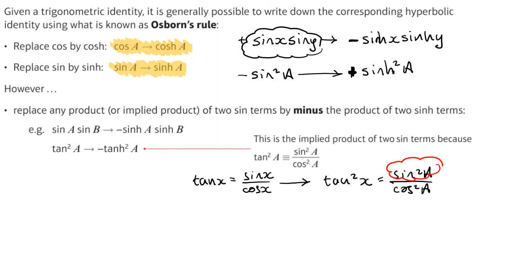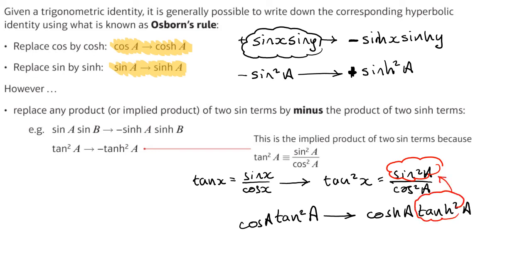So for example, if I had something like cos a tan squared a, okay, then using Osborn's rule, that cos a will become cosh a, and tan squared a becomes tanh squared a, but in this tan is hidden a product of sines, from what we've done up there.